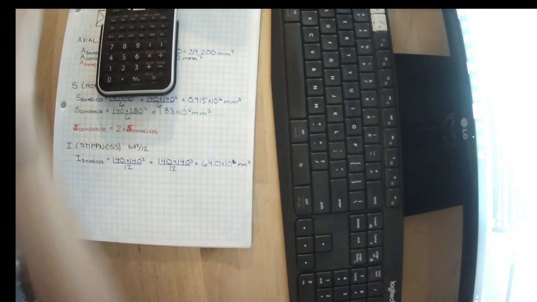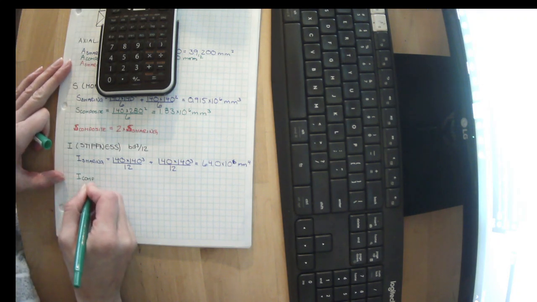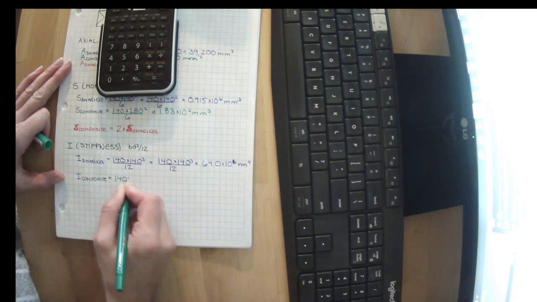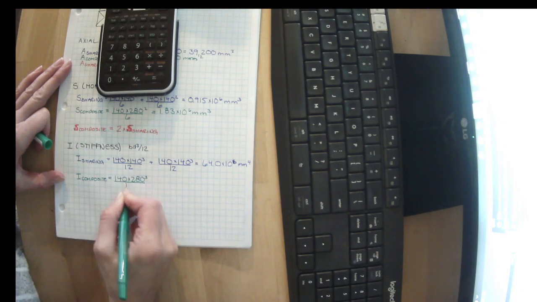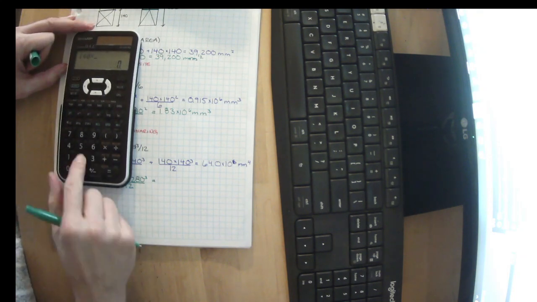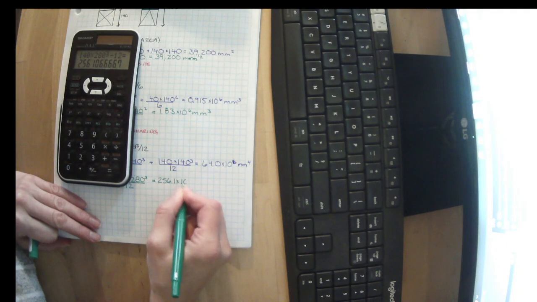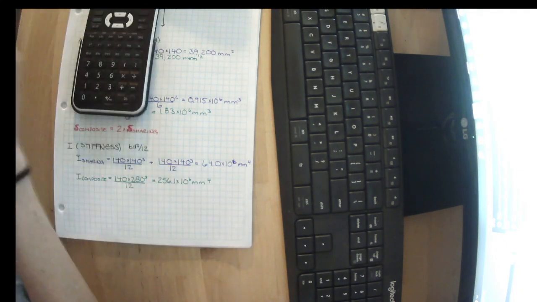Let's take a look at I composite. 140 times 280 cubed divided by 12. We have 256.1 times 10 to the 6 millimeters to the 4th.